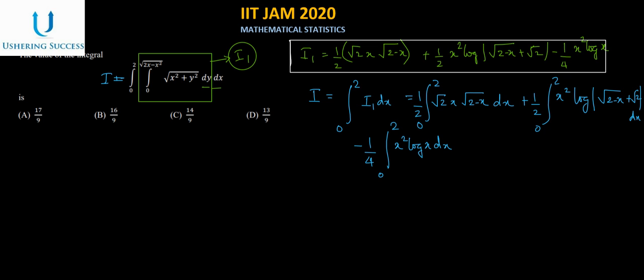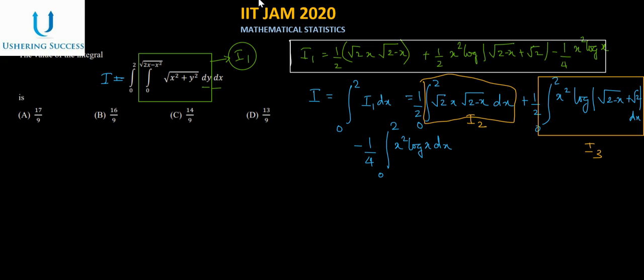So we have three integrals now, the first one is this one, I2, which is this integral. The second one is this integral. We call this I3, and this we call as I4. So we have three integrals now, I2, I3 and I4 and we'll solve this one by one.